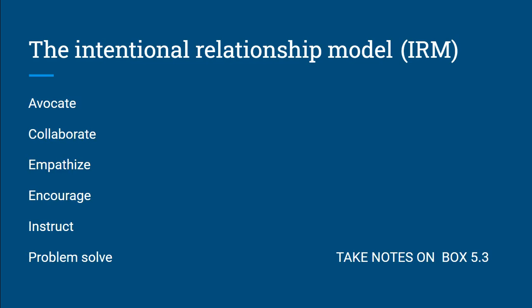All right, so things that you do in the intentional relationship model are to advocate. So you're helping them to access the things that they need to access. You are collaborating with the child and family so that they have a say in what's going on.